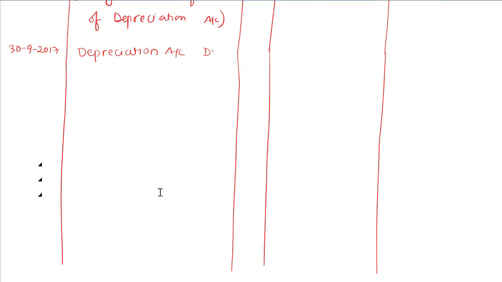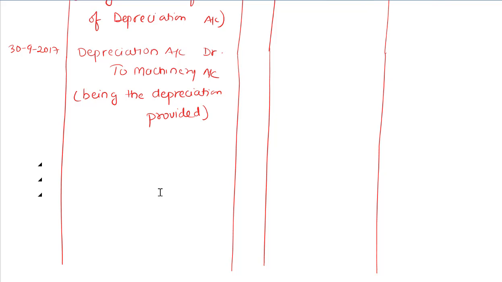So depreciation account debit to machinery account, being the depreciation provided 7,500. Understood? Let us continue.